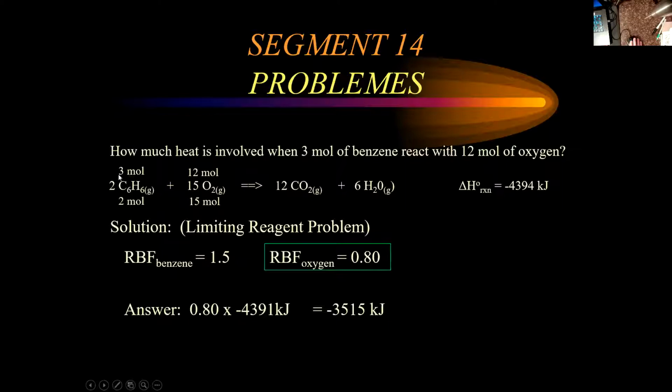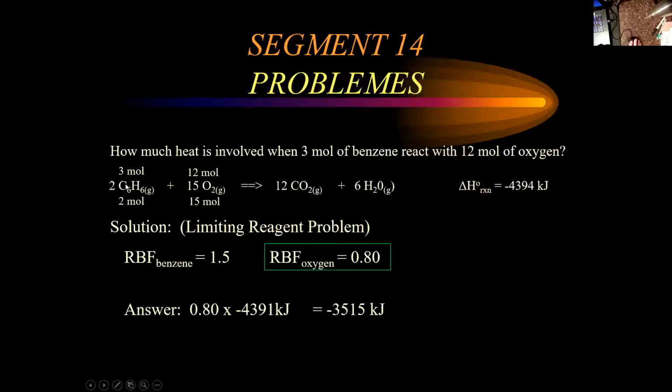And then under that, I want to interpret the balanced equation in the same unit of the substance that's over each substance. So I was given an amount of benzene in moles, and the equation is showing 2 moles. I was given 12 moles of oxygen. The equation is showing 15 moles.